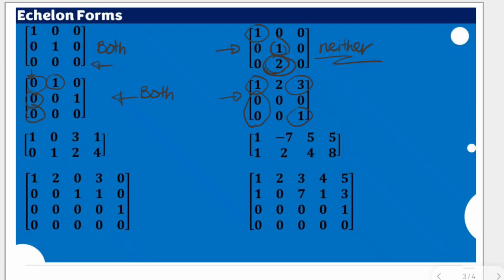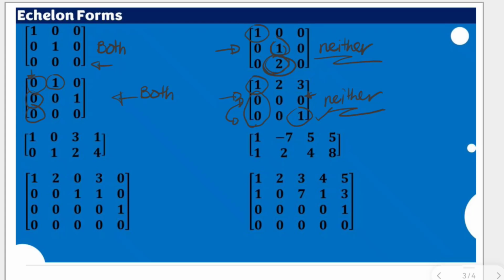There's one thing that makes this neither: your second row is all 0. For this to be considered a row echelon form, there should be an interchanging of the second and third rows. If your second row of zeros becomes your third row, and this becomes your second row, this would be a row echelon form, but for this given, it's neither.